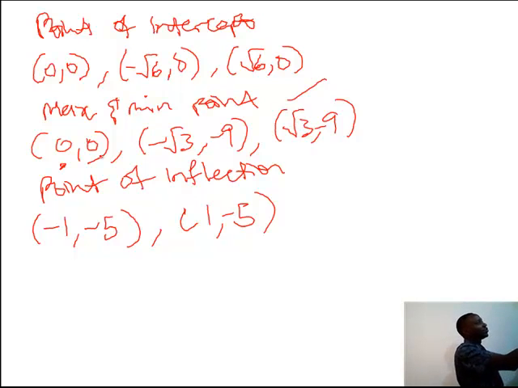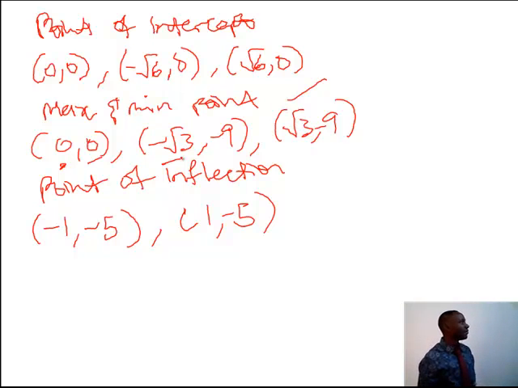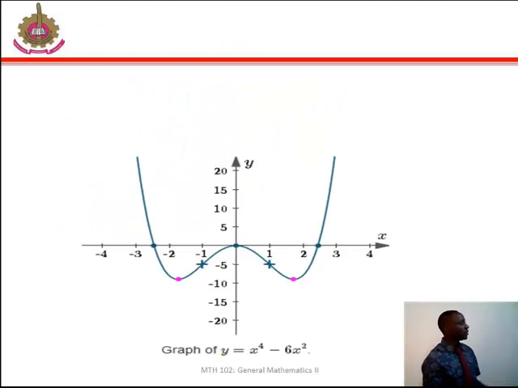The second point is when x is minus square root of 3 and y is minus 9. And the third point is when x is square root of 3 and y is minus 9. Likewise, the point of inflection is when x is minus 1 and y is minus 5, and the second point is when x is 1 and y is minus 5. This is shown on your screen.